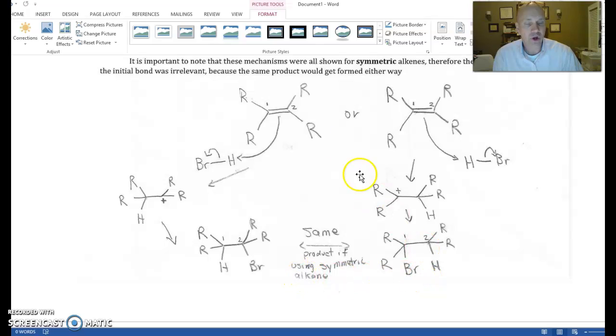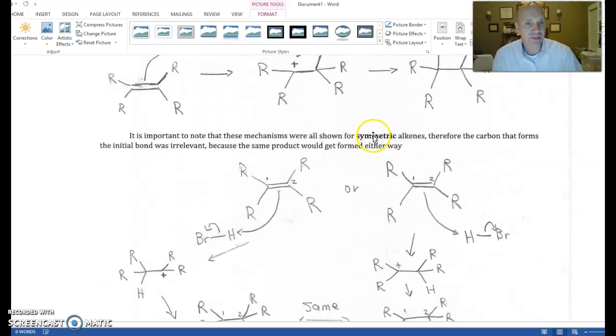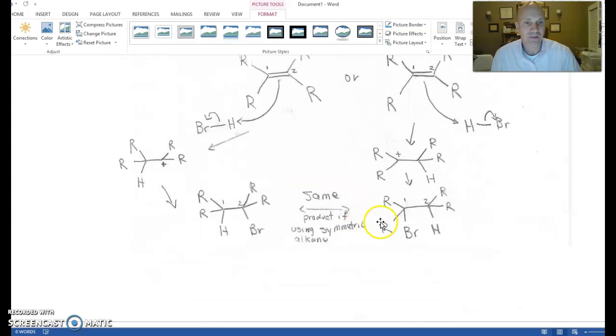No matter which of those original carbons made that first bond, you ended up getting the exact same product. That's why the situation with symmetrical alkenes is going to be different than when you have non-symmetrical alkenes. Because if your starting alkene is symmetrical, if you have the same groups coming off this carbon as you do off this carbon, then you're going to end up getting the same product no matter what.